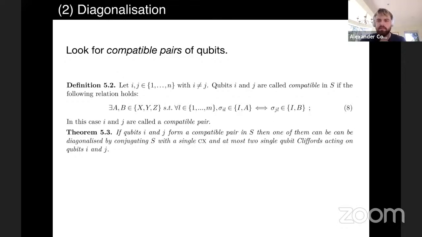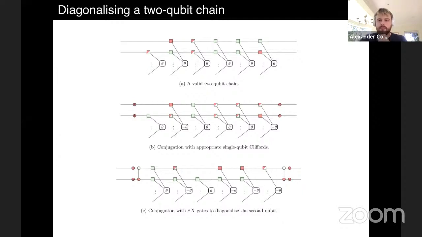So the idea is that if we have some commuting set of Pauli gadgets, and we want to convert one of the qubits in this set into just having the Z basis on all of our gadgets, then we want to find some valid way of inducing this using some C-naughts and single qubit Cliffords. And here we have an example where you can imagine that the Pauli gadgets extend down into some more qubits such that this set commutes.